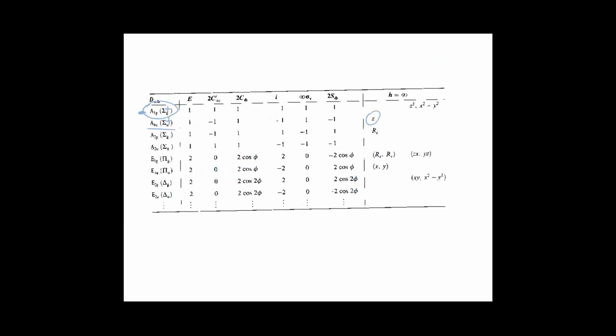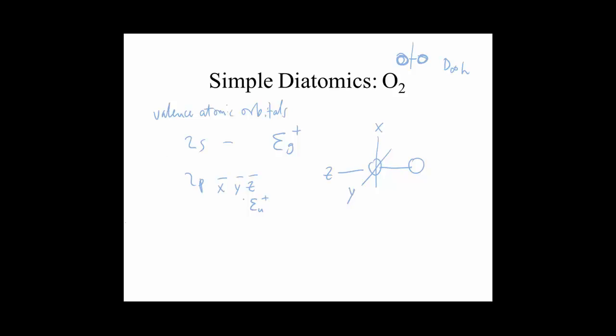And then the px and the py are going to transform as the x and y, and you see that they're transformed together, x, y in parentheses, as pi u, a twofold irreducible representation. So we know which atomic orbitals to use and which ones are going to interact with each other.